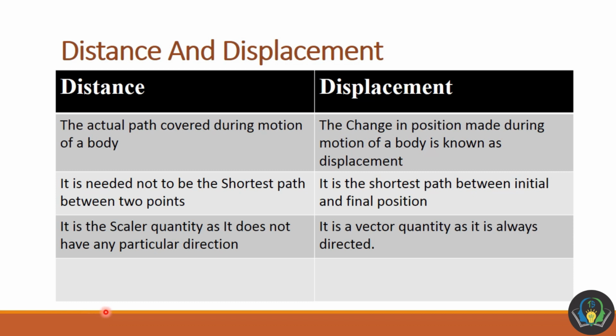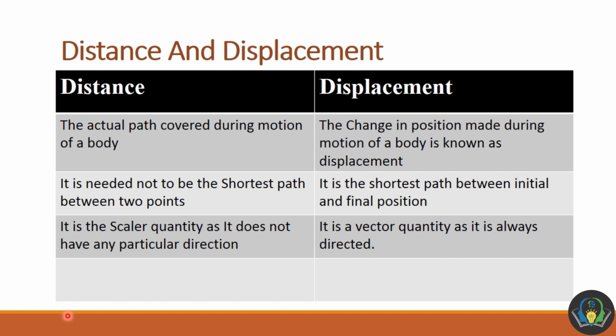Displacement is a vector quantity, as it is always directed. Whenever I am saying that I have traveled 50 kilometers towards north, now see, I have got one direction, that I am traveling towards north, so that will be referred to as displacement.